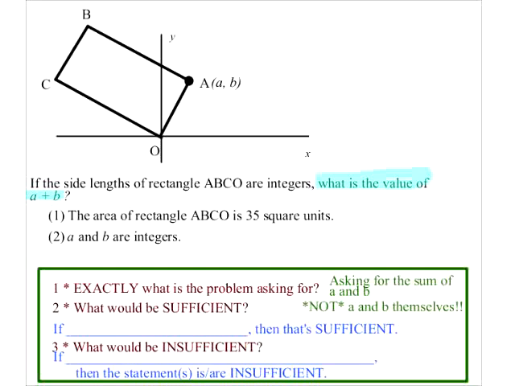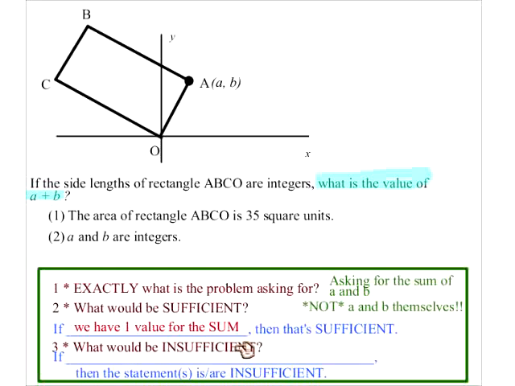What you need to be able to say right now before you move on is if we have one value for the sum, then that's sufficient. Like A plus B has to be some number. Okay, smiley face if that makes sense. If there's one number for A plus B, then that's sufficient.